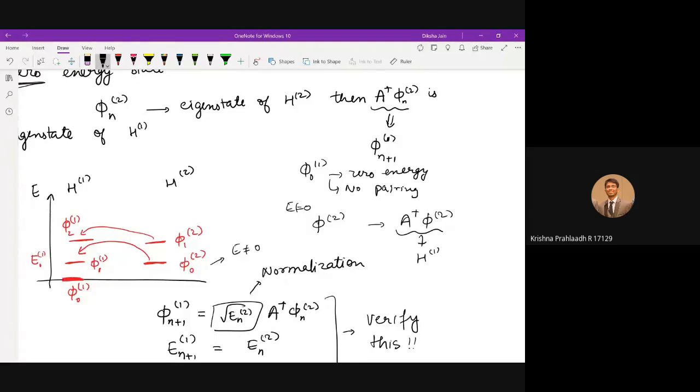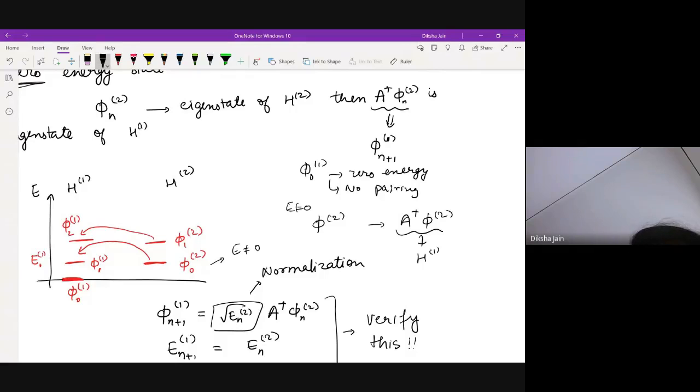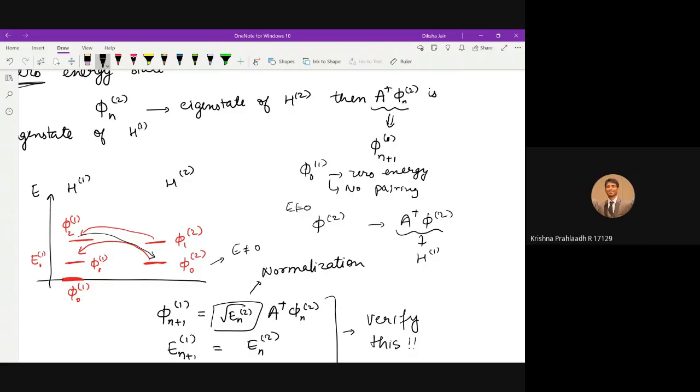But some other eigenstate of 1 could have the same energy as the lowest state of 2, right? No, but then if let's say phi 2 was related to this, then phi 1 also should have some pairing, no? Because phi 1 is non-zero energy, because this argument works for any non-zero energy state of any of these Hamiltonians. So where will the pairing of phi 1 go? Okay. Fine.